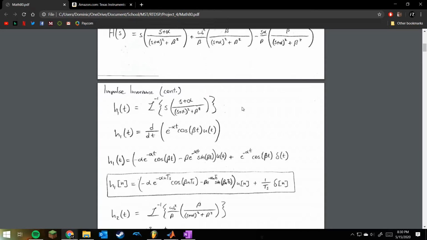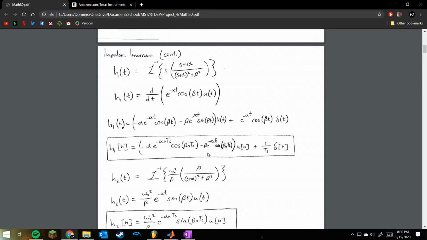So the first one has the Laplace transform pair of the exponential times the cosine, and then this s out in front means we have to take the derivative with respect to time of that pair. So we do that here, and then anywhere we see a t, we substitute it for nTs to bring it into the discrete time domain.